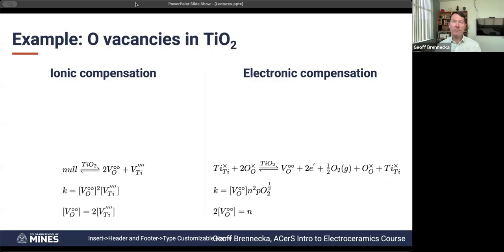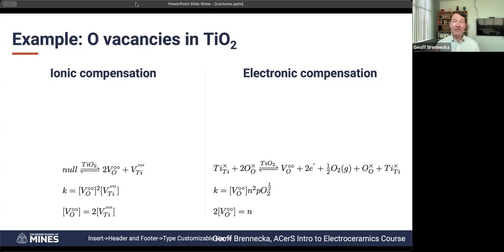Just another example of how we would write these. So I mentioned that oxygen vacancies in titania, I chose an example that really doesn't happen. And it seems strange because it's really easy to take TiO2 and heat it up in a low PO2 environment, and it becomes conductive. It turns dark, and you say, wait a minute, of course those are oxygen vacancies.